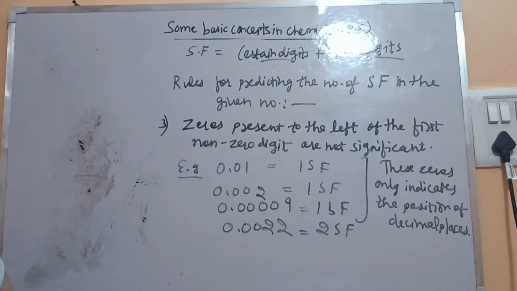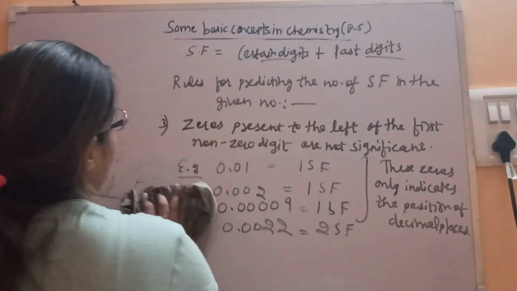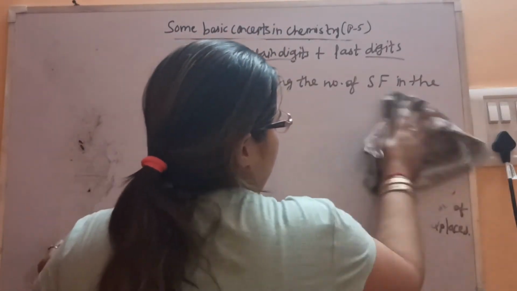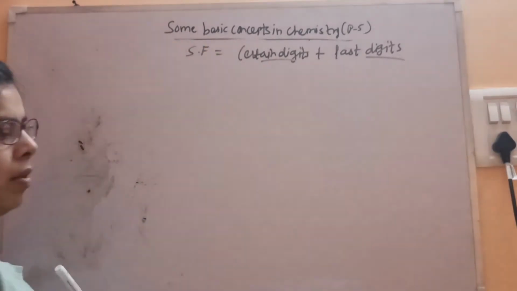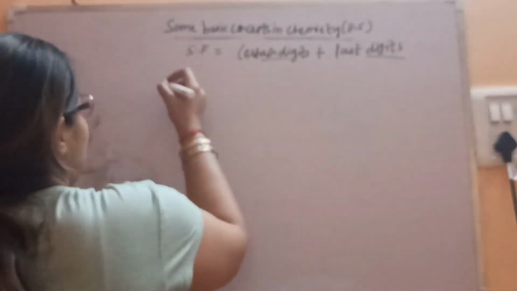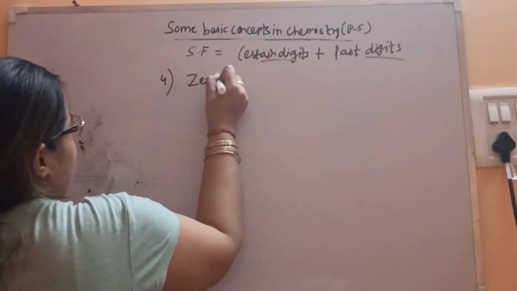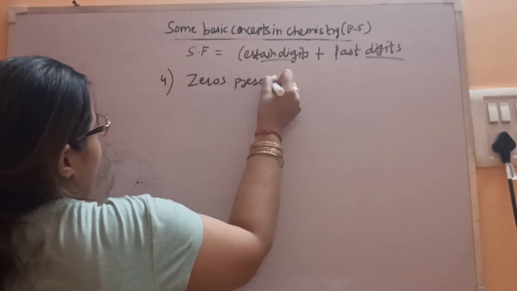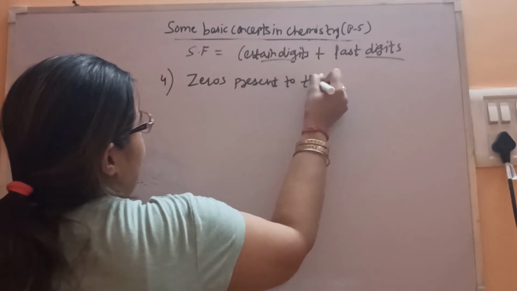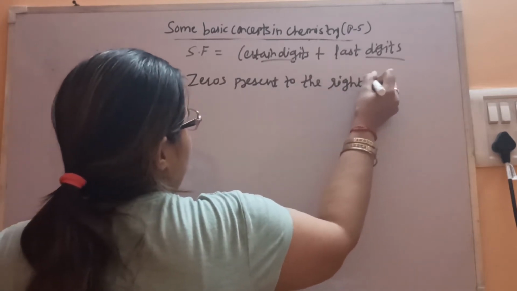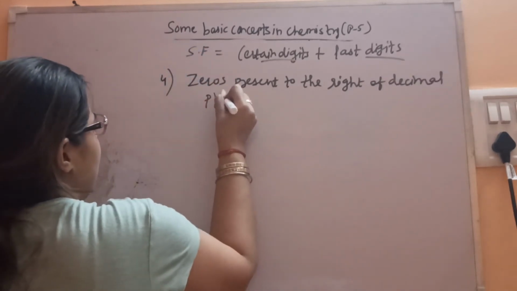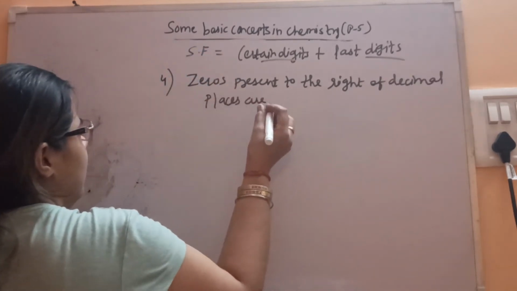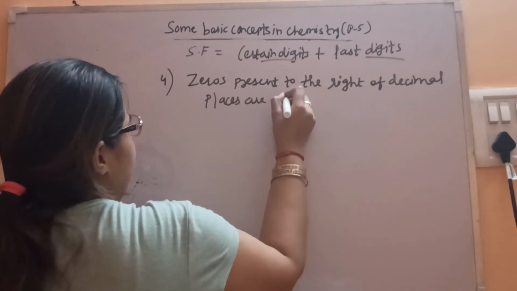Okay, the fourth rule: zeros present to the right of the decimal places are significant.